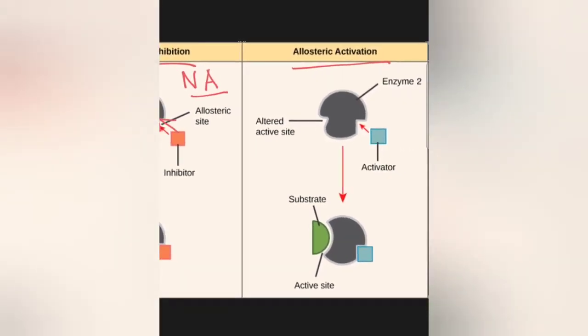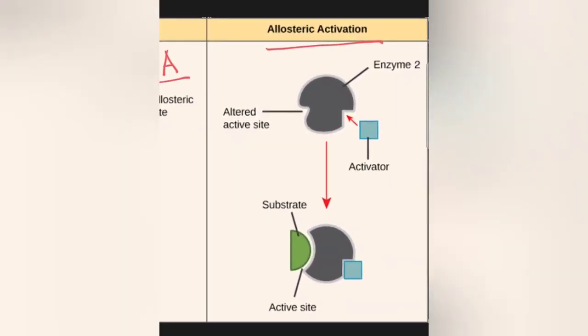The next type is allosteric activation, whose other name in your book is written as positive allosterism. First, reading from your book, what is positive allosterism? When an effector molecule or inducer or activator, also you can say, binds with an enzyme in such a way that the active site of the enzyme is changed in favor of binding of a substrate with the enzyme, it is known as positive allosterism.